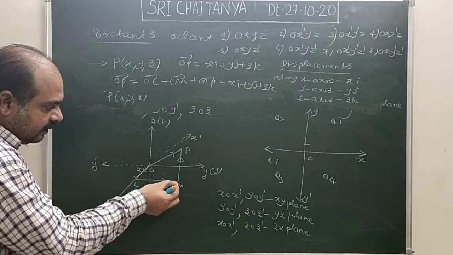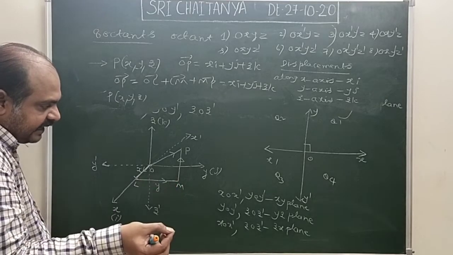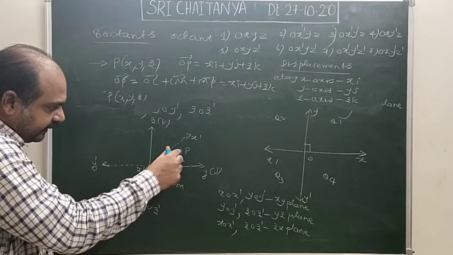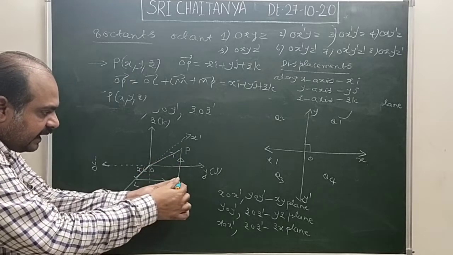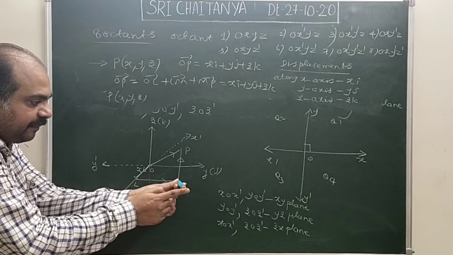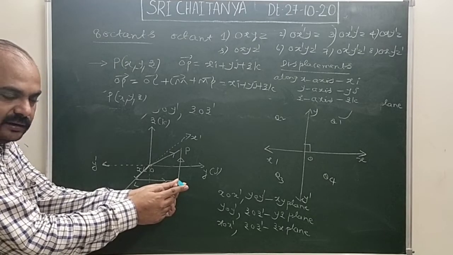Then if z is positive, towards your face, z units displacement, which I have represented on the board as MP, the resultant point will not lie on your paper, it will lie in space, outside the paper. If three coordinates are there, it will lie outside the paper, right?